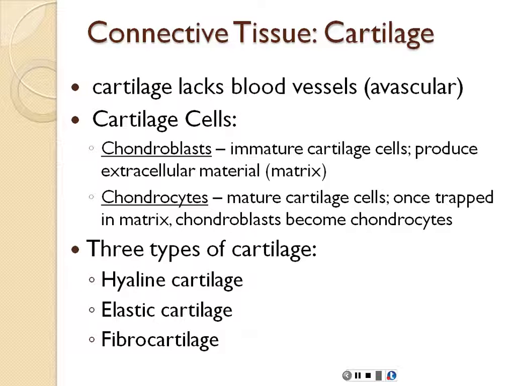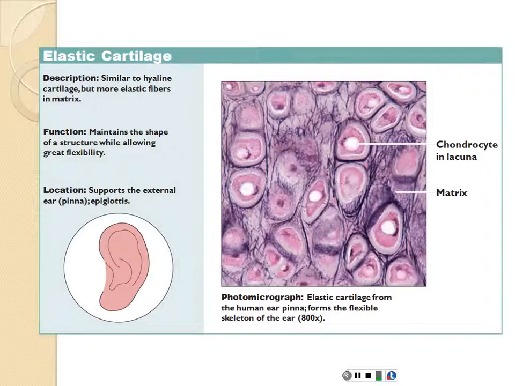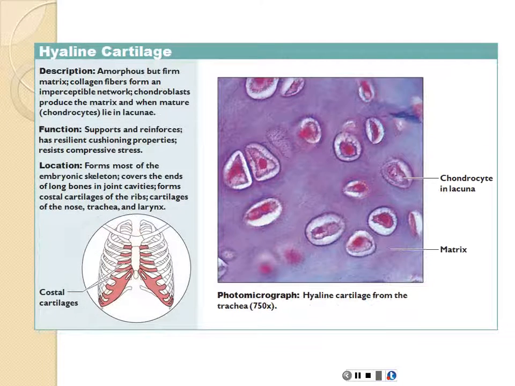And there are three types, so you should know the three types of cartilage: hyaline cartilage, elastic, and fibrocartilage. The hyaline cartilage, see if the picture here helps out a lot. It tells you where they're located. So you will need to know that hyaline cartilage is, so you know that, what is this bone called in the center of your chest?